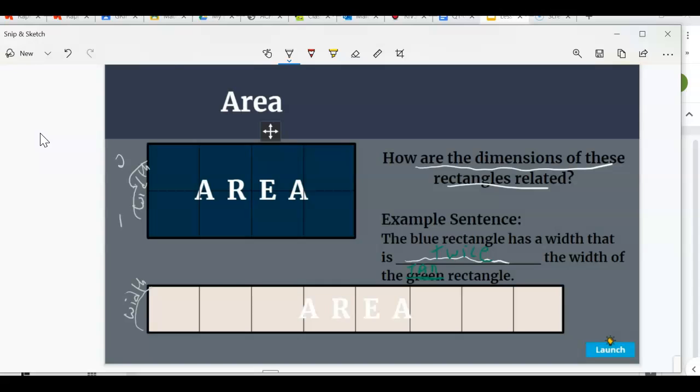So the width here is 2. And the width down here, you just got 1 square unit. Okay, so the rectangle has a width that is twice. So 2 is 2 times as big as 1. The width of the tan rectangle.